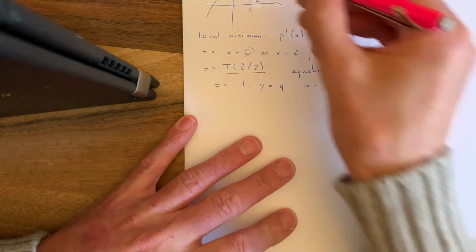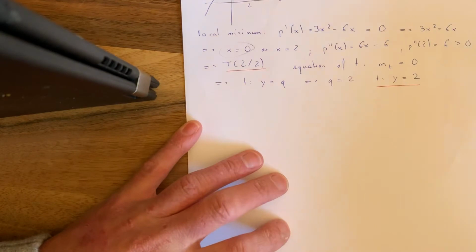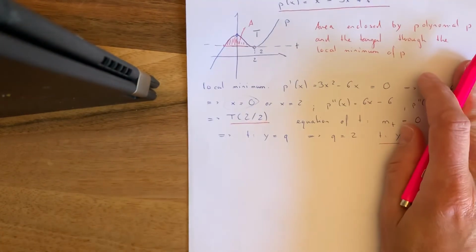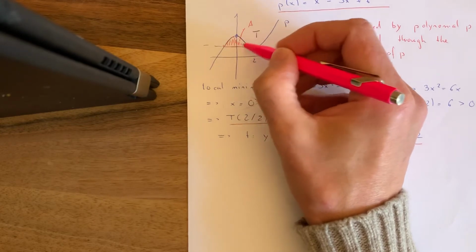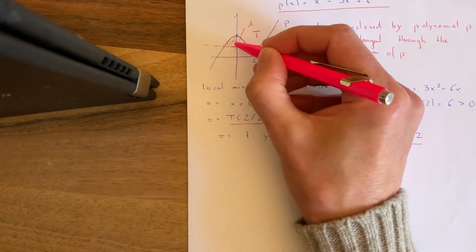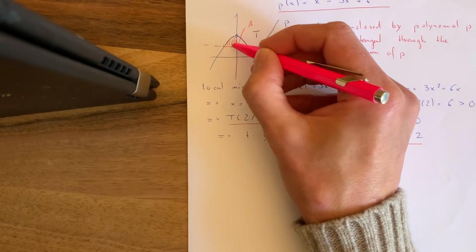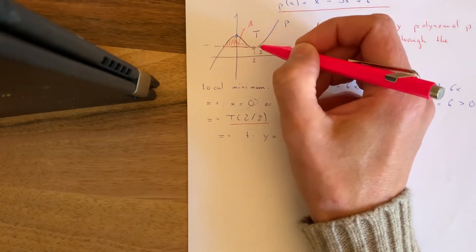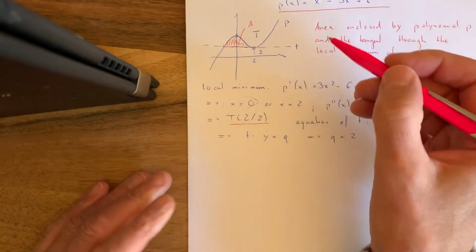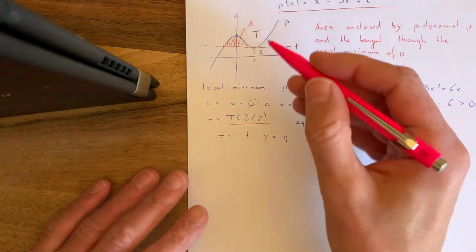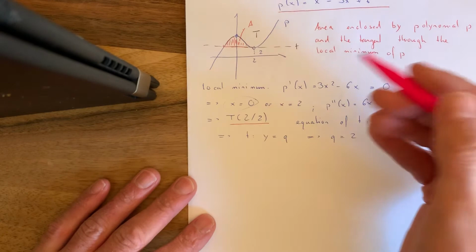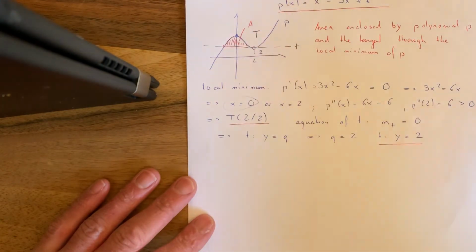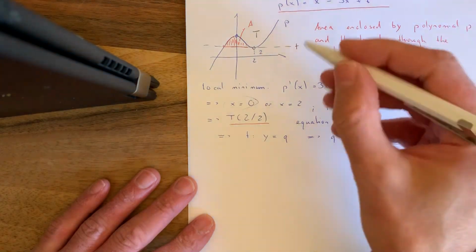The problem is, how can we calculate the size of that area? We cannot simply apply an integral, because this area A is not just the area between a curve and the x-axis, and the integral is just good for calculating areas between curves and the x-axis. So we need to find a way to get A, somehow with the help of areas we can calculate.